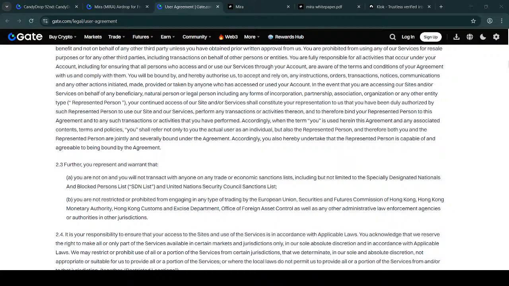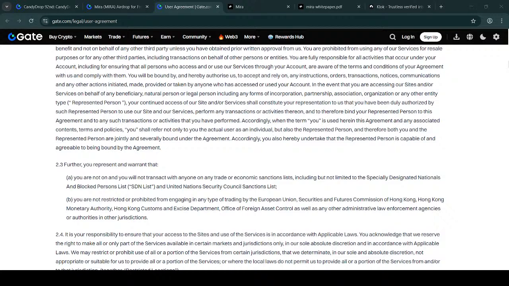Talking about this right now, guys: the natural person, including this account and event accessing our site and service, and we have the benefit of the natural person or legal entity, including any form of incorporation, partnership, association, organization, or any other entity of this type.